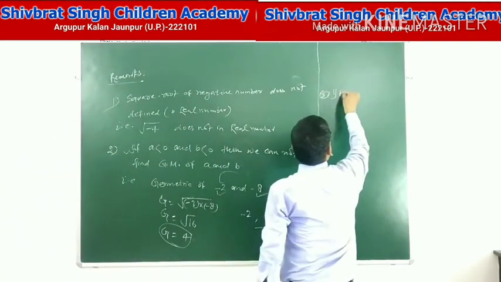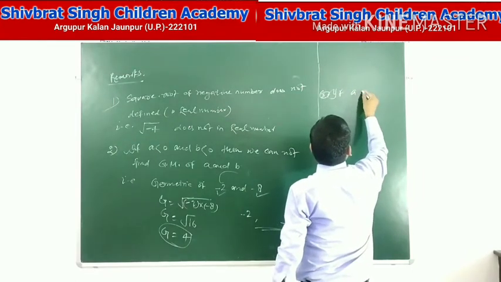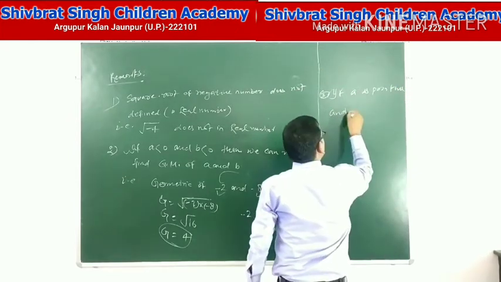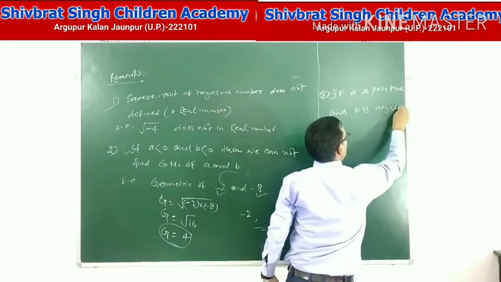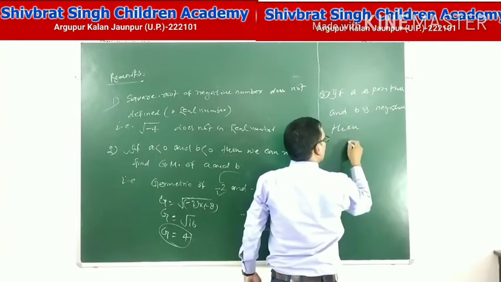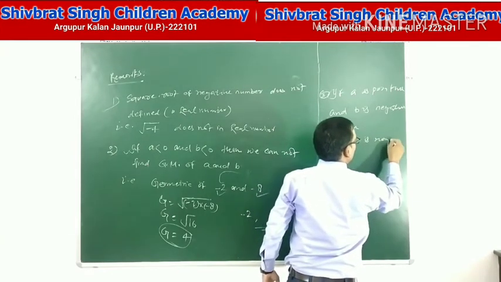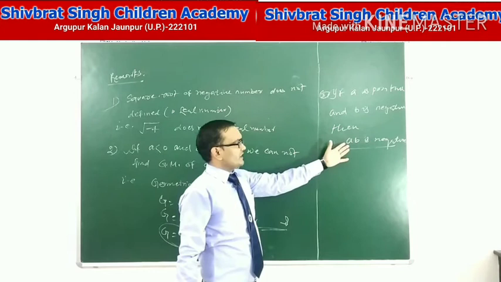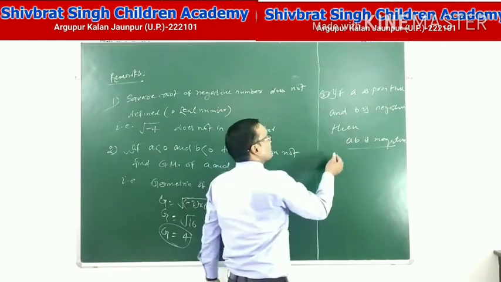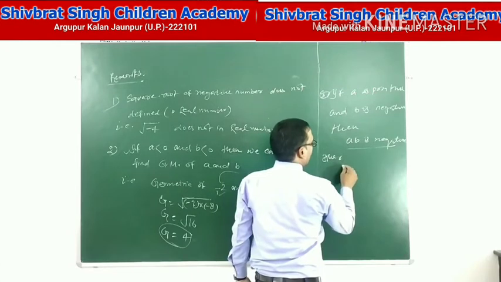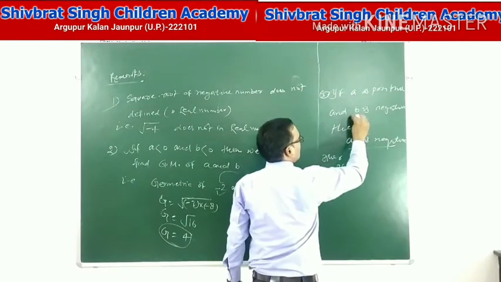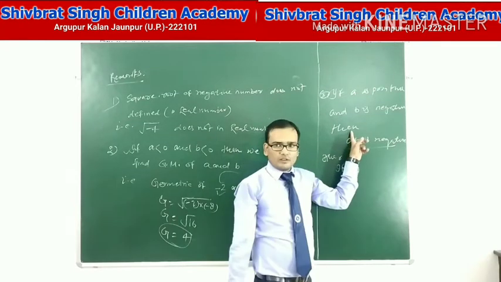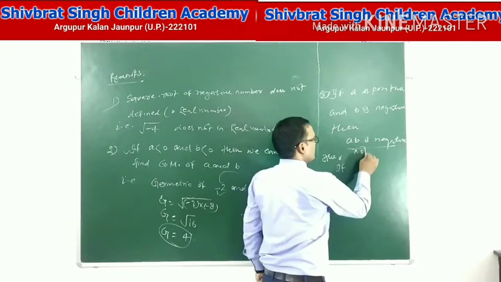And third, if a is positive and b is negative, then ab is negative, and it is not possible to find the square root of this. If a is positive, b is negative, then square root of ab is not possible.